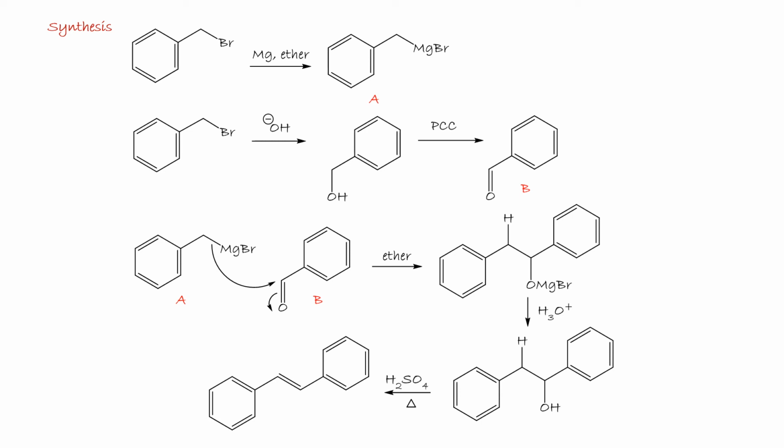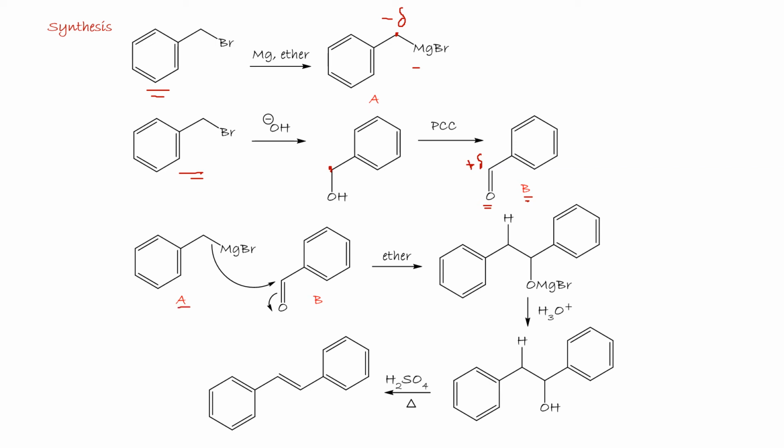We take benzyl bromide with magnesium in ether. We can get compound A, here is partially negative. We take this one, react it with sodium hydroxide or potassium hydroxide, we get the alcohol. SN2 reaction. Then the primary alcohol with PCC will get the aldehyde, molecule B, where here is partially positive.